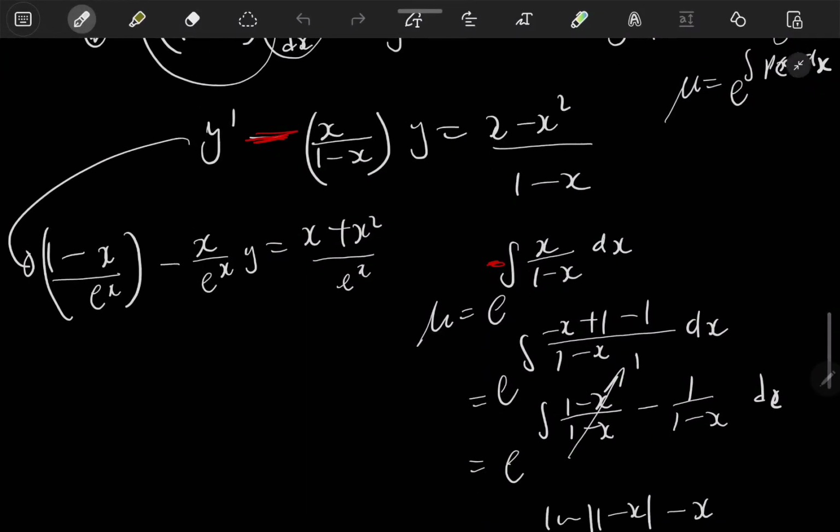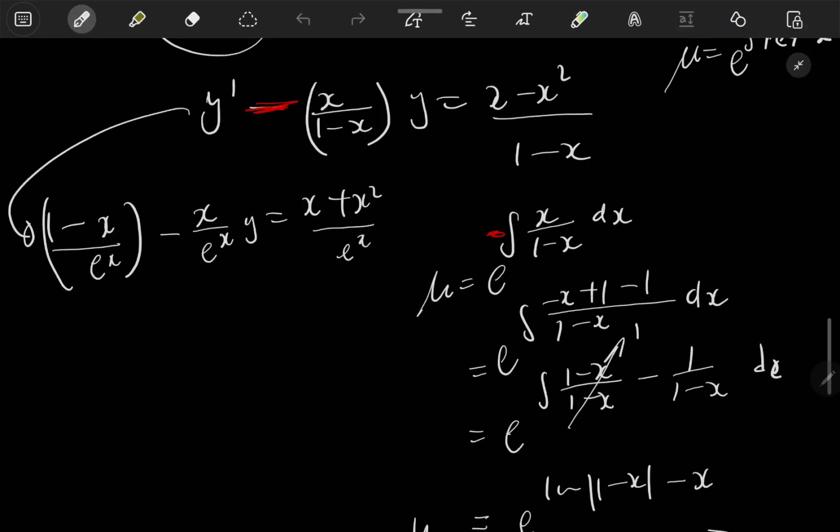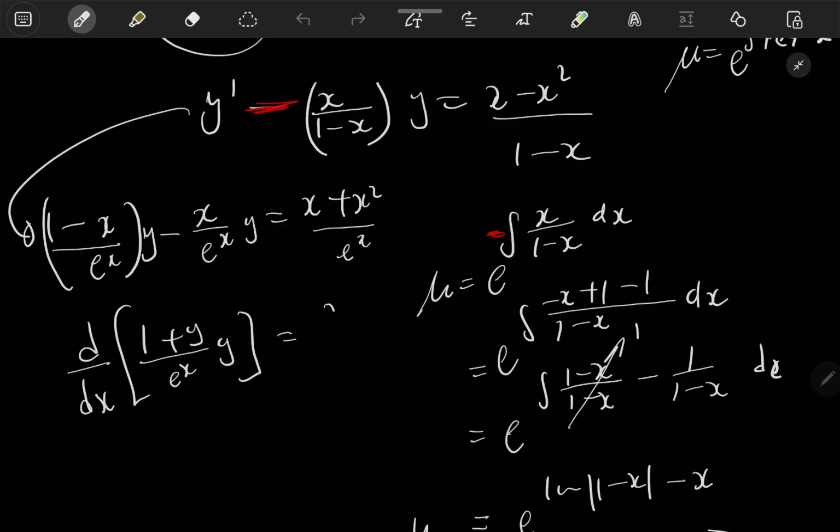Then this now looks like a product rule. We can do what we've been doing. This is going to be our first function that was not differentiated. This is the function that, remember there was y here, that was differentiated. Then you can put it under our differential, then x, whatever that was here, e^x.